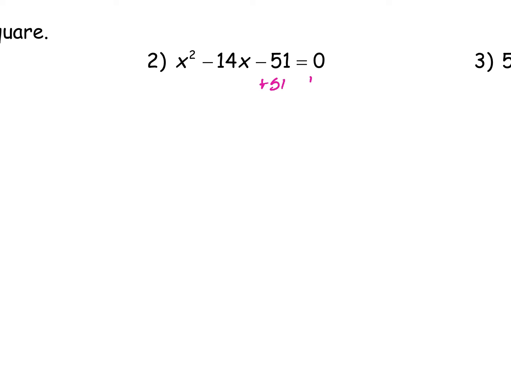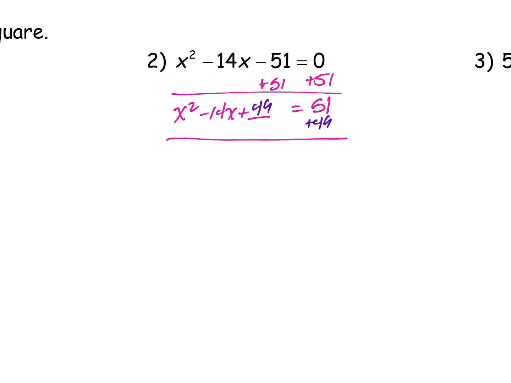So the second one, pretty much the same thing, right? Add 51, gives me x squared minus 14x plus some number equals 51. Well, half of 14 is 7. 7 squared is 49. So I'm going to add 49 to both sides.